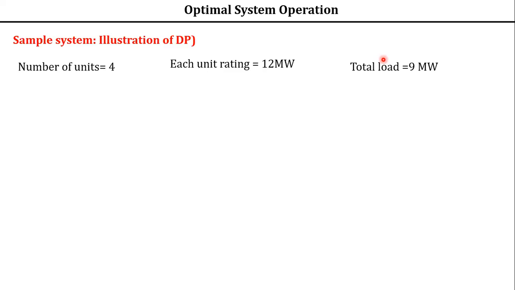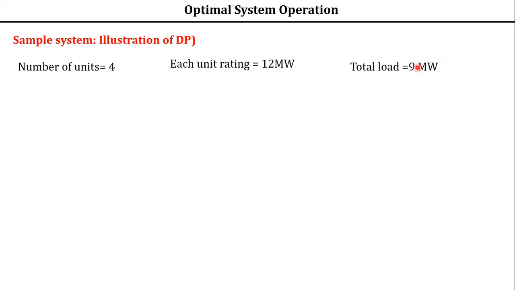You may think of operating the first unit alone. Each unit is 12 megawatt, so each unit can take a load of 9 megawatt easily because the maximum limit is 12 megawatt. Only the first unit you can switch on; the remaining 3 units you don't switch on.